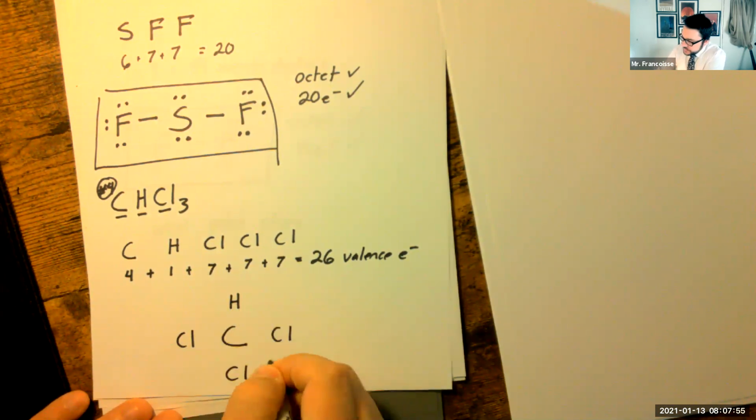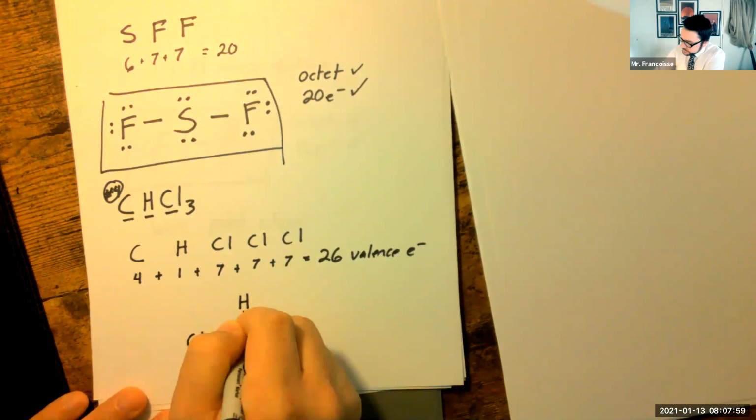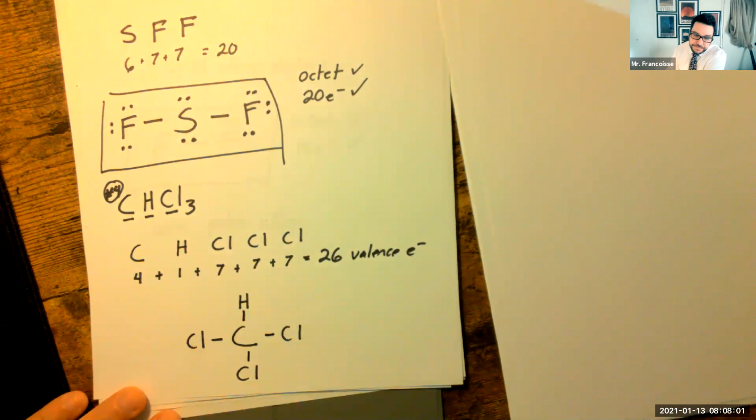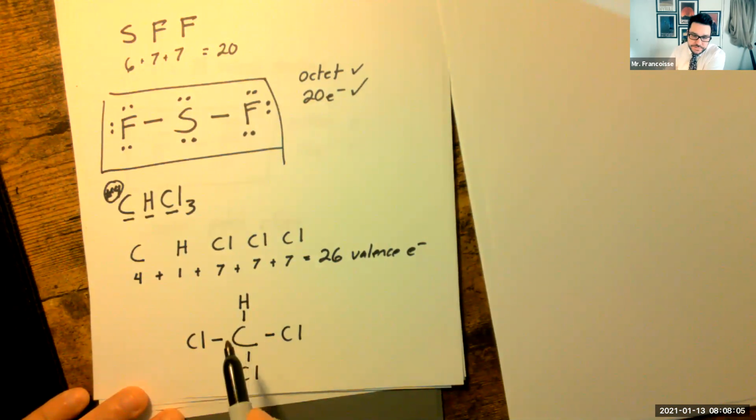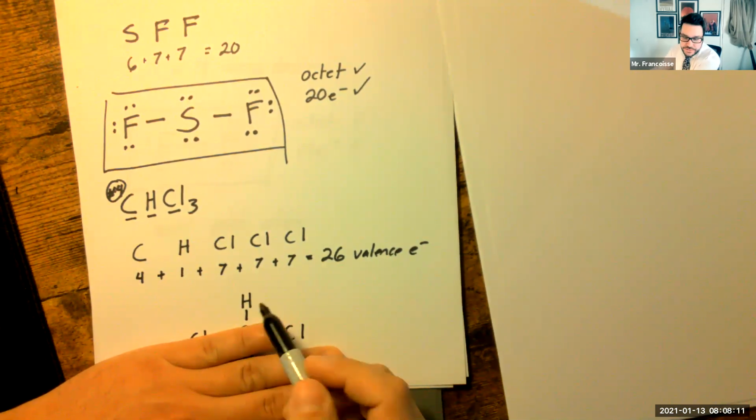We can put the hydrogen on top, bottom, left, right, doesn't matter. But we're going to connect this with our bonds like we did before. So we have 4 bonds around this. If we remember, hydrogen is the exception. It only needs 2 electrons.